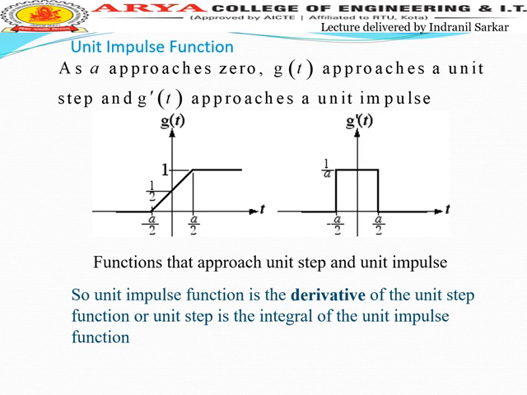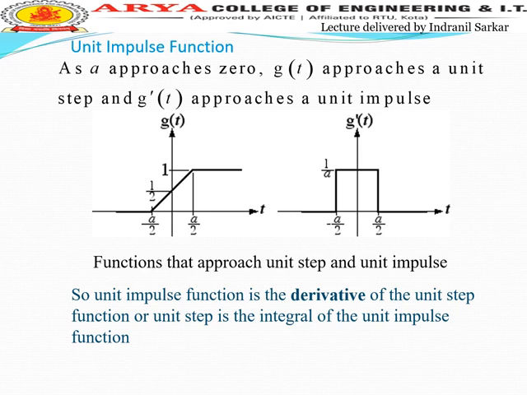Unit impulse function. As a approaches 0, g(t) approaches a unit step and g'(t) approaches a unit impulse. Here on the left side we see the signal g(t), which is a ramp signal, going from minus a by 2 to plus a by 2, with a slope, and its height is 1.